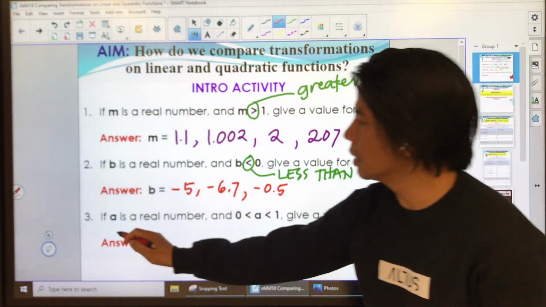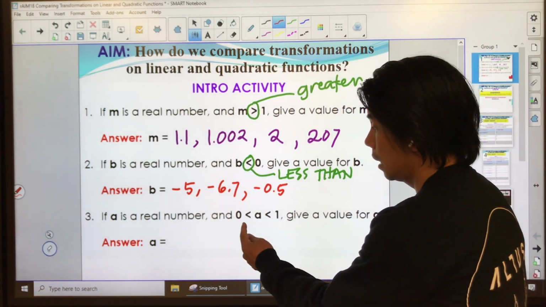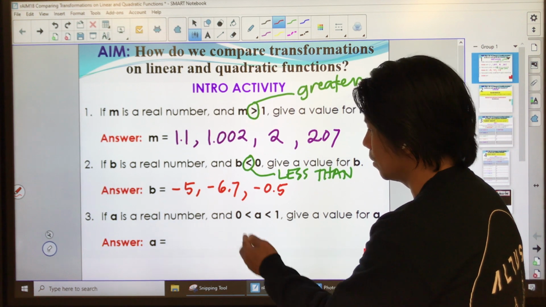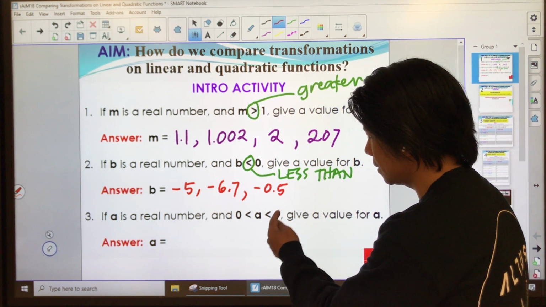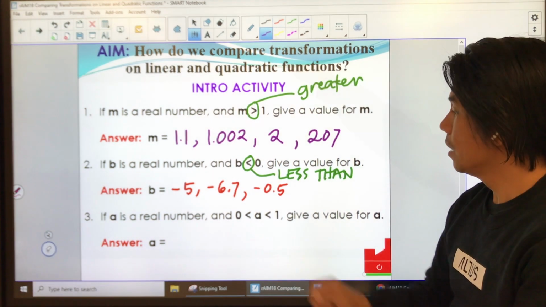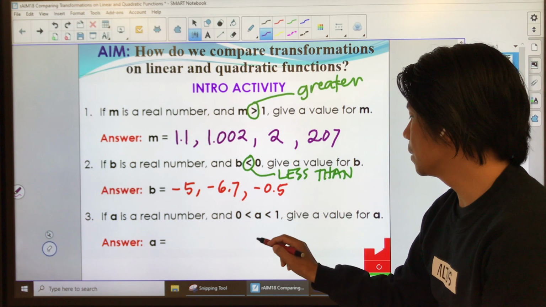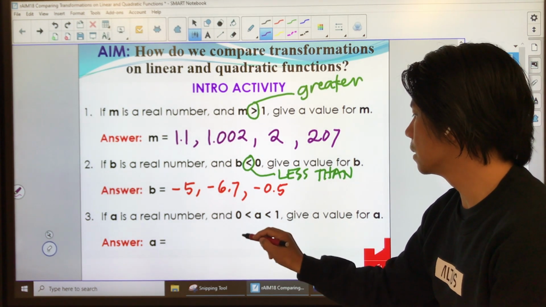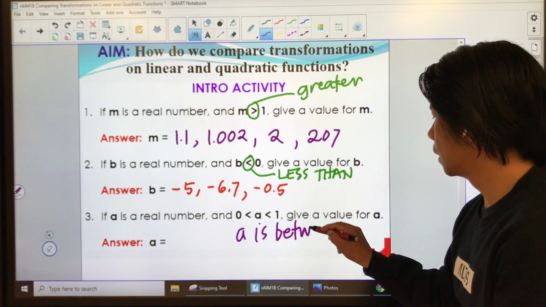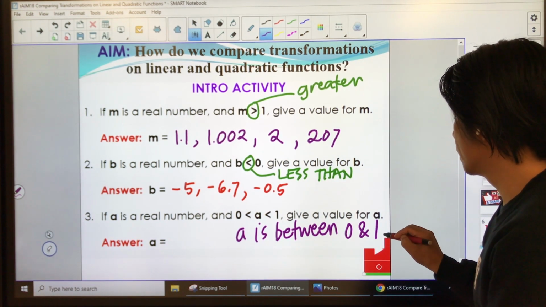Now, number 3, if a is a real number and a is greater than 0 but less than 1, or 0 is less than a is less than 1, give a value for a. So what does this compound inequality mean? So a is between 0 and 1.